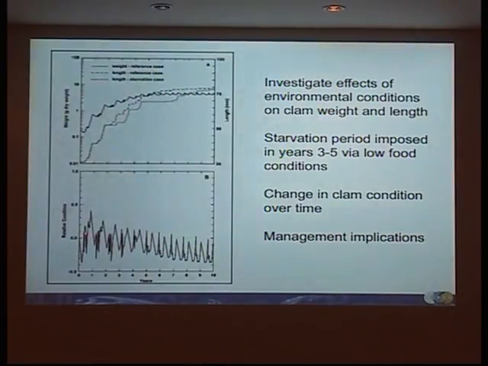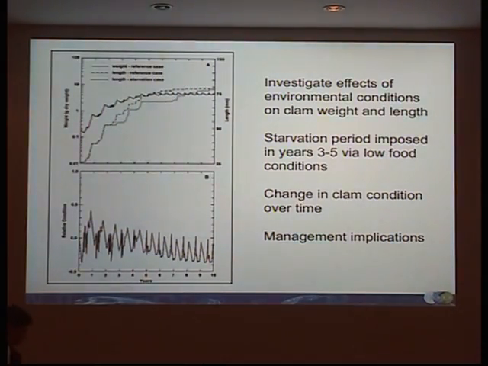This is the relative condition of the clam, and for the two cases, there's a dashed line and the solid line here, where it's a standard case and then the one with starvation. One thing is that the condition of the animals changes over time, and as the animal gets older, it spawns less frequently. There are some biological or ecological implications of that.